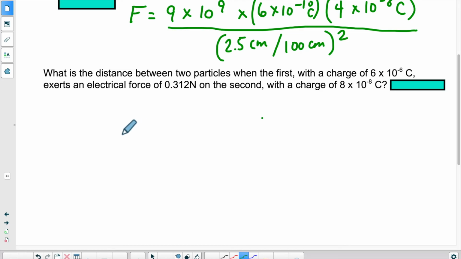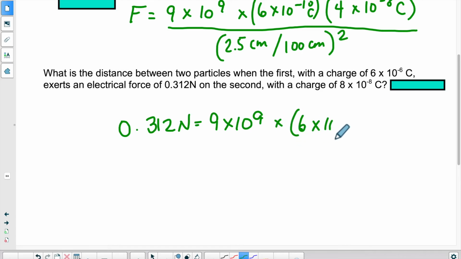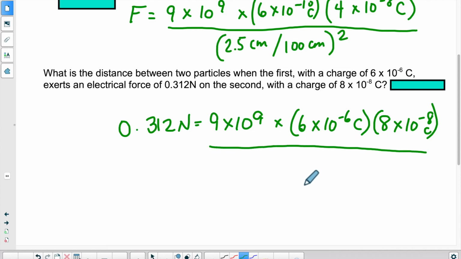Okay, so I have the force, 0.312 Newton is equal to 9 times 10 to the 9, as usual, times my first charge, 6 times 10 to the negative 6 Coulomb. And my second one is 8 times 10 to the negative 8 Coulomb. And they want to know, what is the distance between the two? Now don't forget, this is squared.